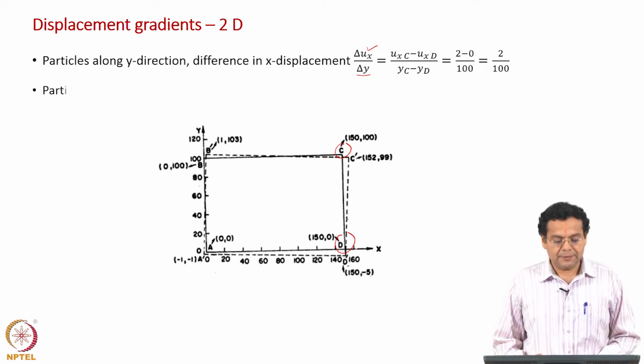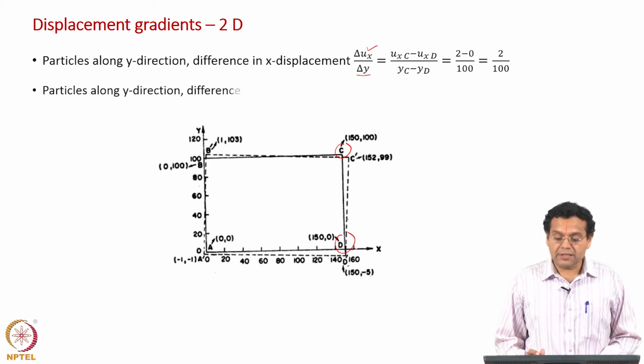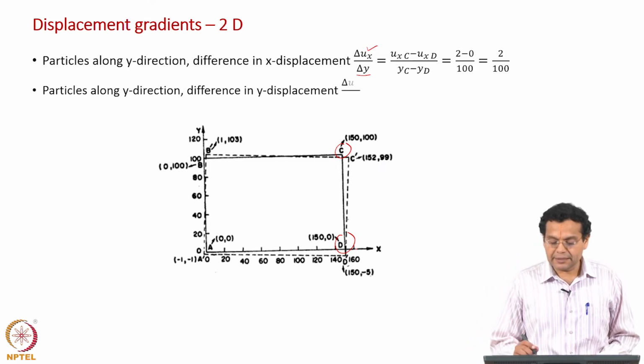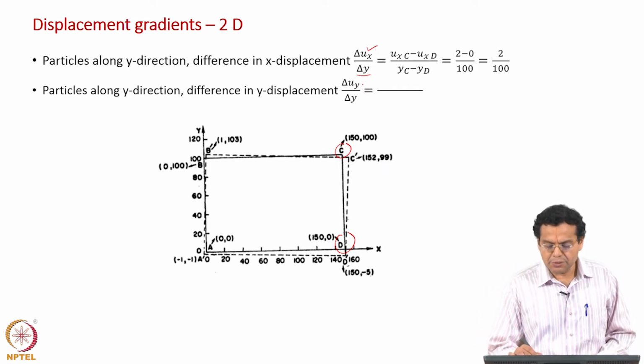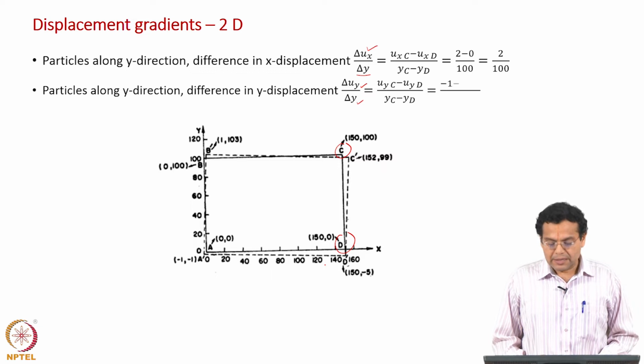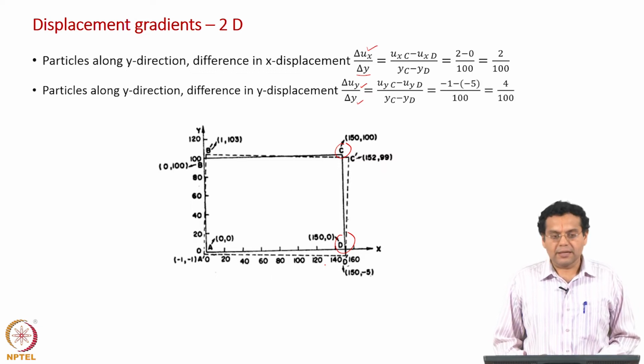Now, next we considered particles along same y direction C and D. Now, looked at difference in y displacement and then found out the displacement gradient as delta u y by delta y and found the value, and that value was 4 by 100. Okay.